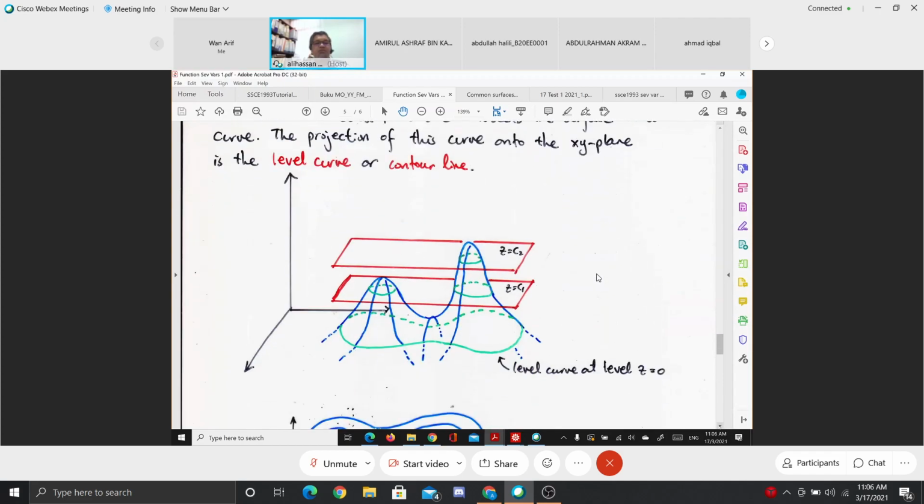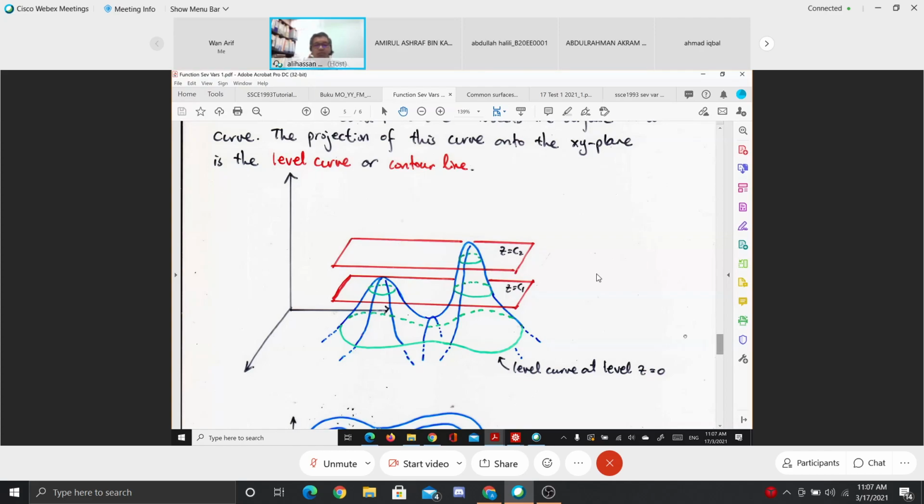So this is one illustration. We have a surface here, and then we have two horizontal planes. Say z equal to constant c1. So imagine we have a horizontal plane that slices the surface, and the curve of the intersection is shown here in green color.